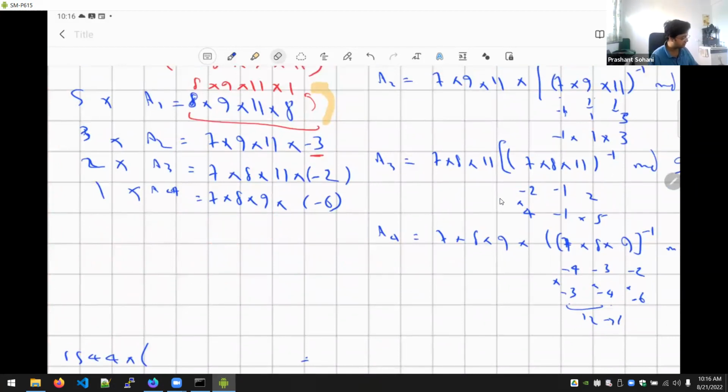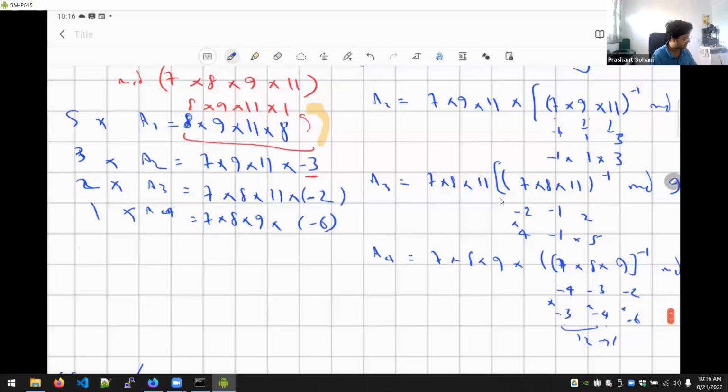I can just directly write my answer is 5544 times. Now it is just 5 upon, out of this 8 into 9 into 11 will get cancelled, so I'll be only left with 7. So 5 into 8 upon 7 plus, in the same way, everything will get simplified, right?